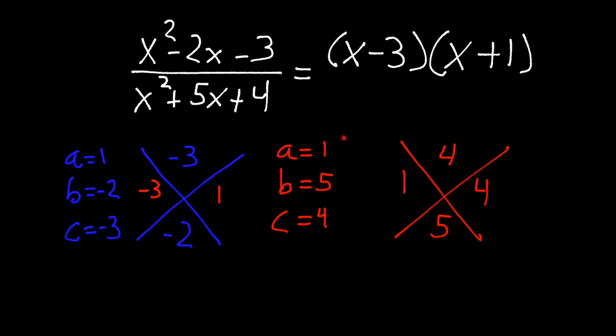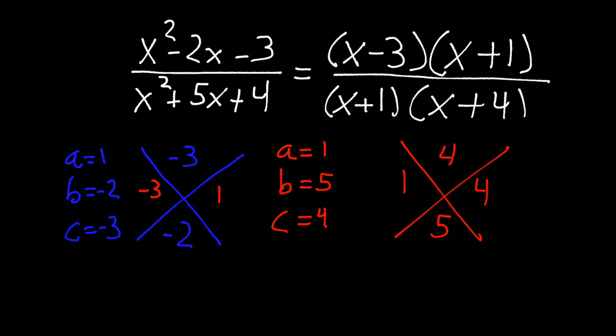Once again, if A was not 1, we would have to divide by A and do a different step. But since A is 1, we don't have to. So 1 times 4 is 4. 1 plus 4 is 5. Our factors for the bottom are x plus 1 times x plus 4.